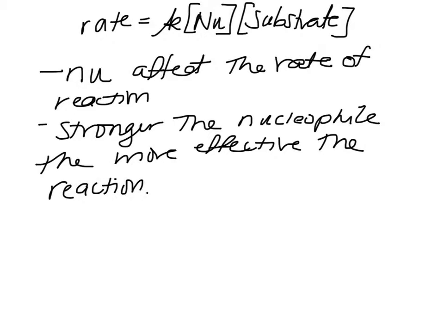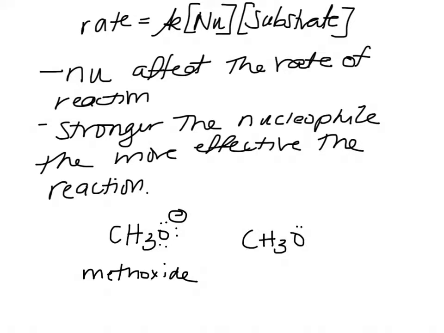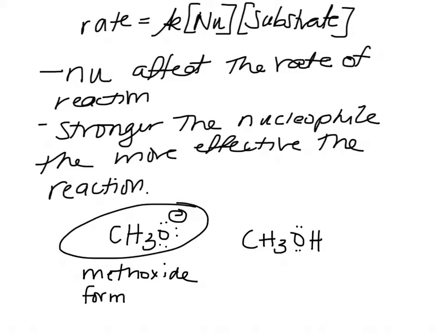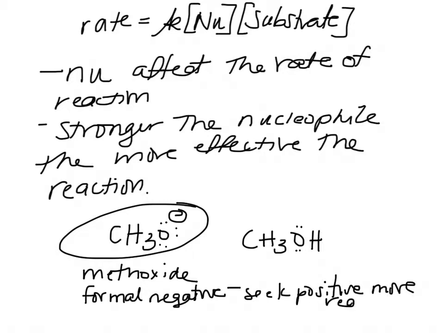So if we look at two nucleophiles, here we have methoxide, and here we have methanol. Now the methoxide actually has a formal negative and is going to seek positive charge more readily. So it is a better nucleophile.